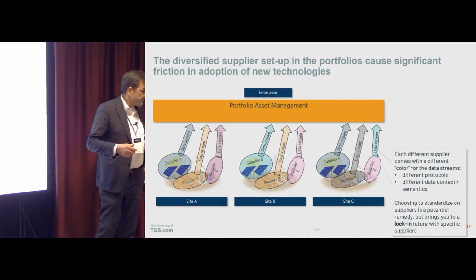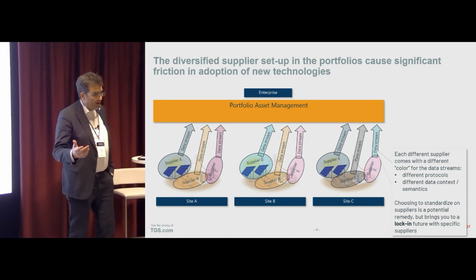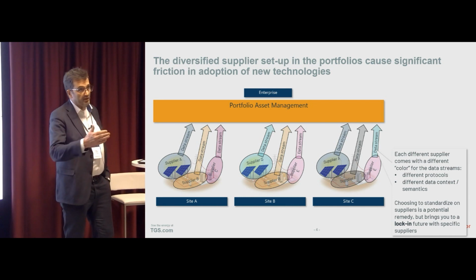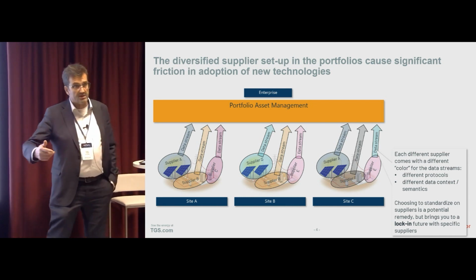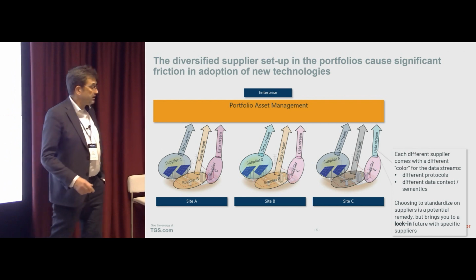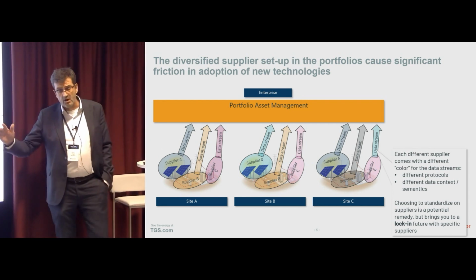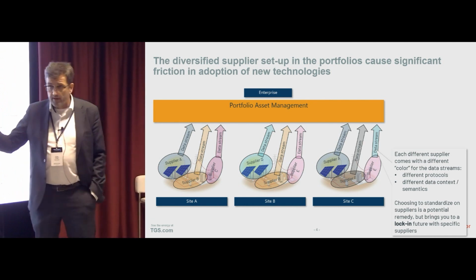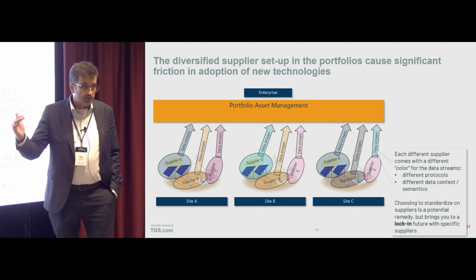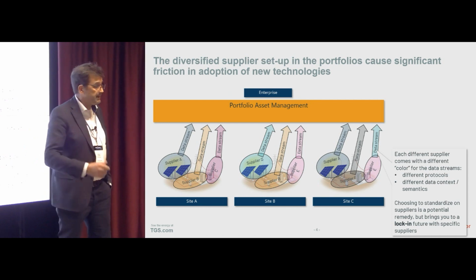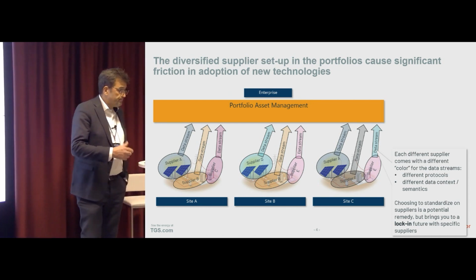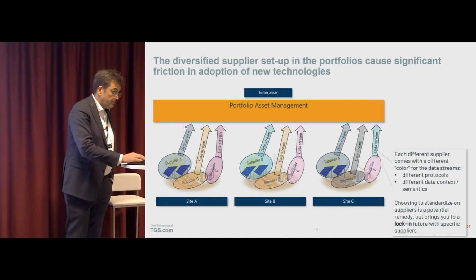Of course, you could try to standardize on suppliers. This is challenging when you operate on a global scale because not all suppliers have offerings across the globe. And it's also not a good idea because it will bring you into a lock-in situation. This is a very competitive area, so the cost is coming down all the time if you can choose and put the suppliers up against each other.